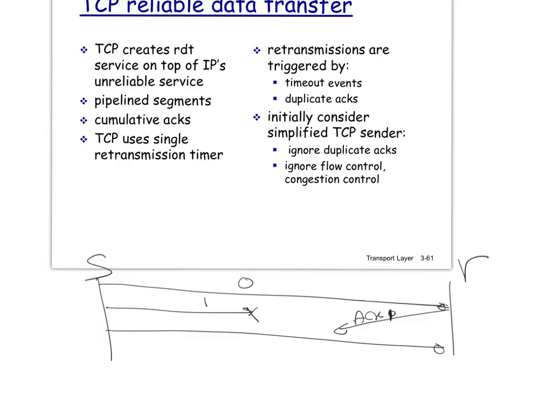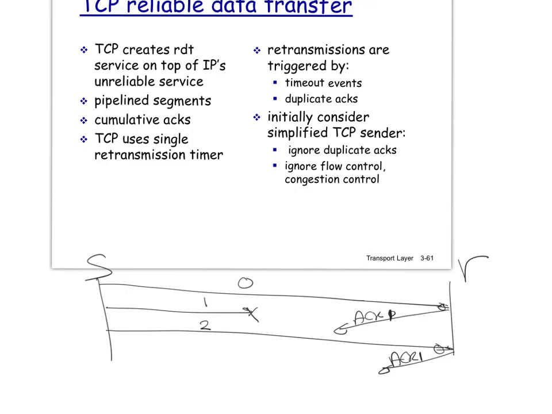So if the receiver receives segment 1, it should send acknowledgement 2, right? But it didn't. Instead, it receives segment 2. So here, what do we send in terms of acknowledgement? The last successfully received, which is 1, exactly.